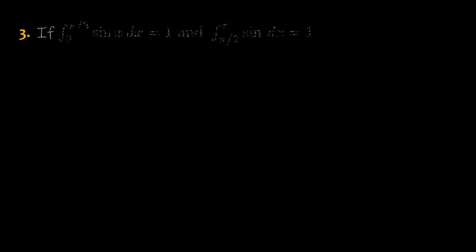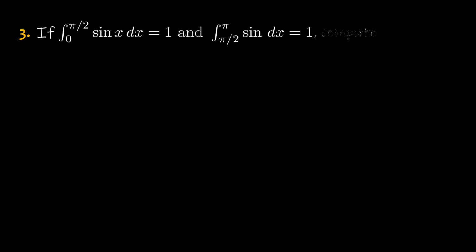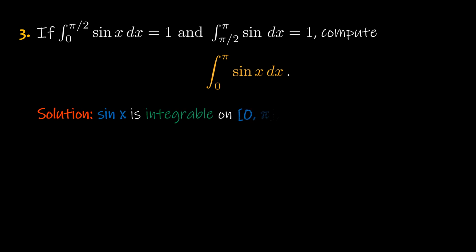If the integral of the sine of x dx, from 0 to pi over 2, is equal to 1, and the integral of the sine of x dx, from pi over 2 to pi, is equal to 1, compute the integral of the sine of x dx, from 0 to pi. Solution. The function sine of x is integrable, in other words, continuous, on the closed interval 0, pi, and on the subintervals 0, pi over 2, and pi over 2, pi.